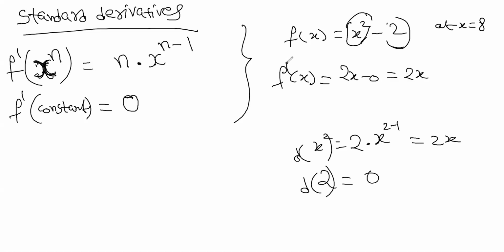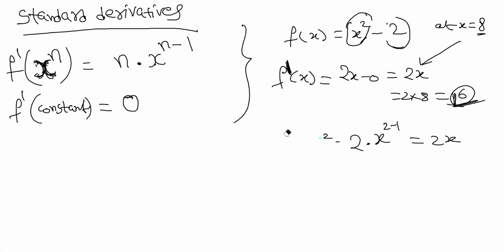This is f dash of x. Now at x equal to 8, just substitute: 2 into 8 is 16. The same answer. Instead of doing the whole limit, with just one step you get the answer. That's why these formulas are most important, not only for maths but in physics also.